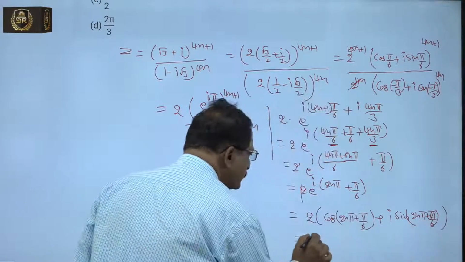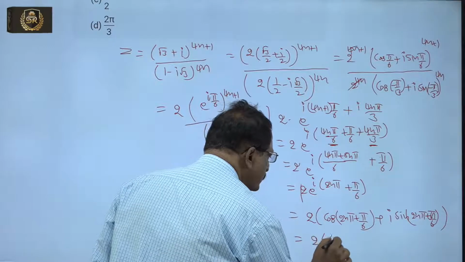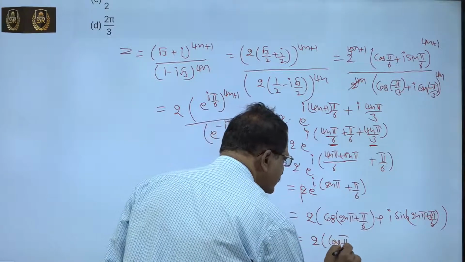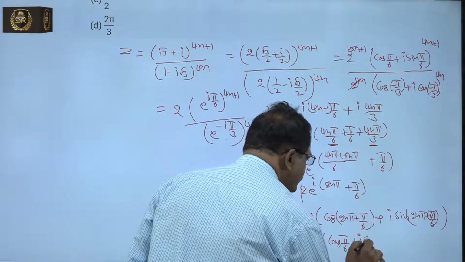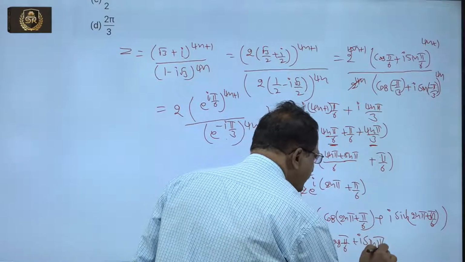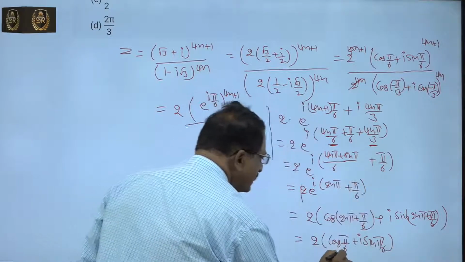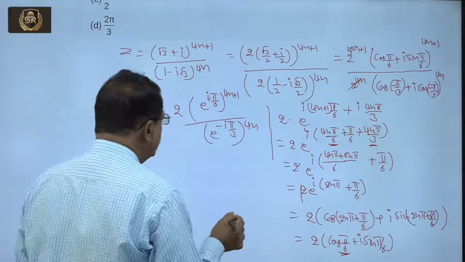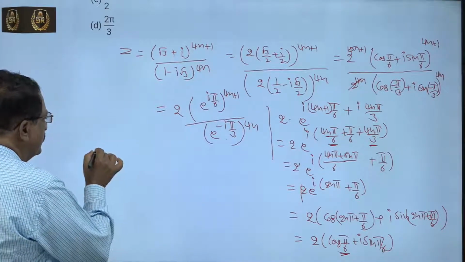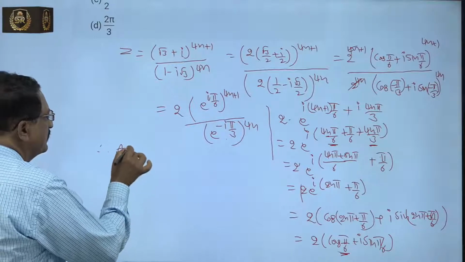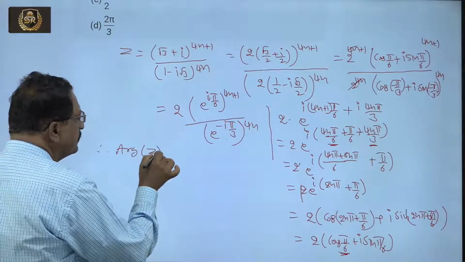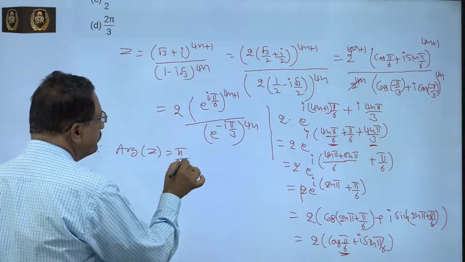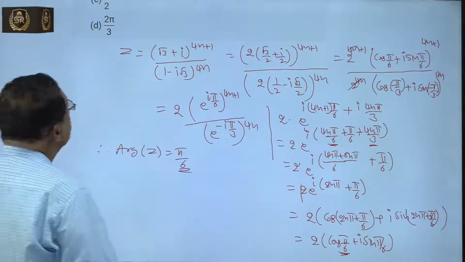Now that equals 2(cos π/6 + i sin π/6). Here θ equals π/6. Therefore the amplitude of the complex number, or argument of z, equals π/6.